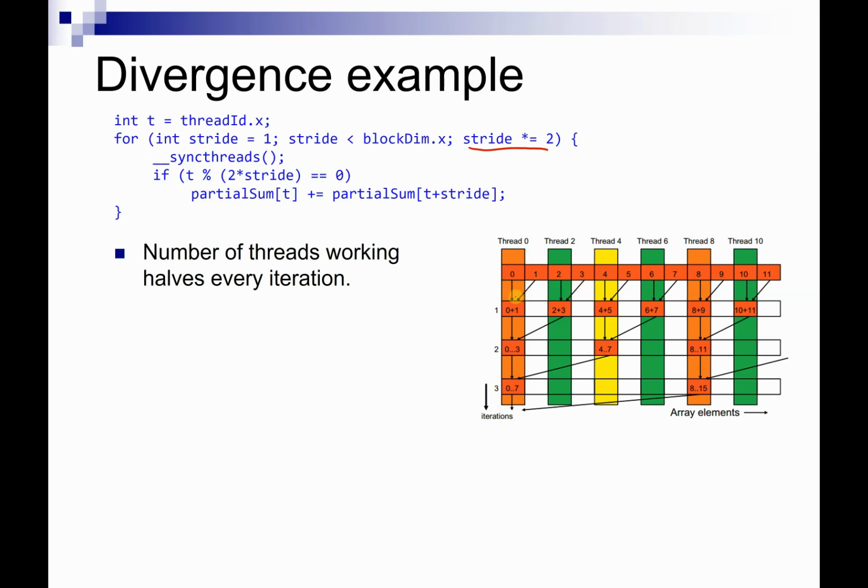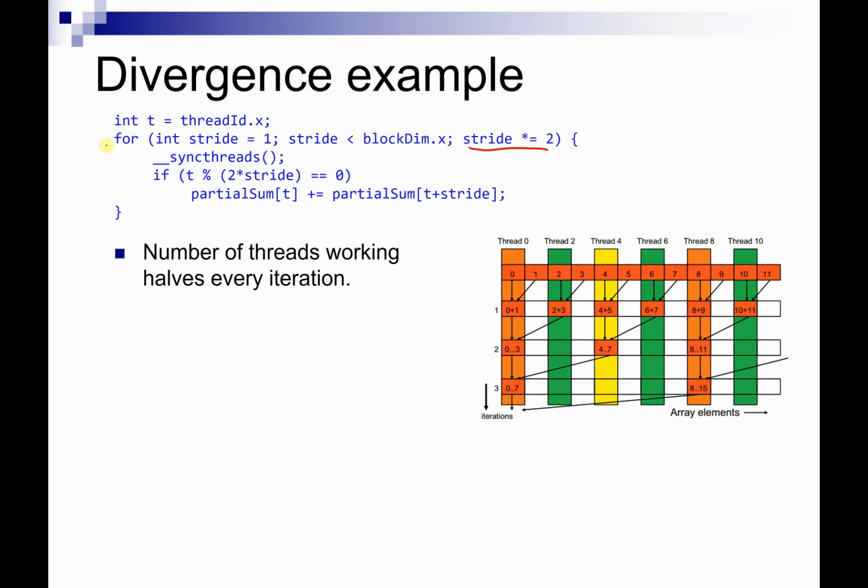Next we pair threads which are distance 2 apart, so we pair 0 and 2, 4 and 6, and so on. After that you pair threads which are distance 4 apart. So the stride is how far apart your partner is, and the stride doubles every time.